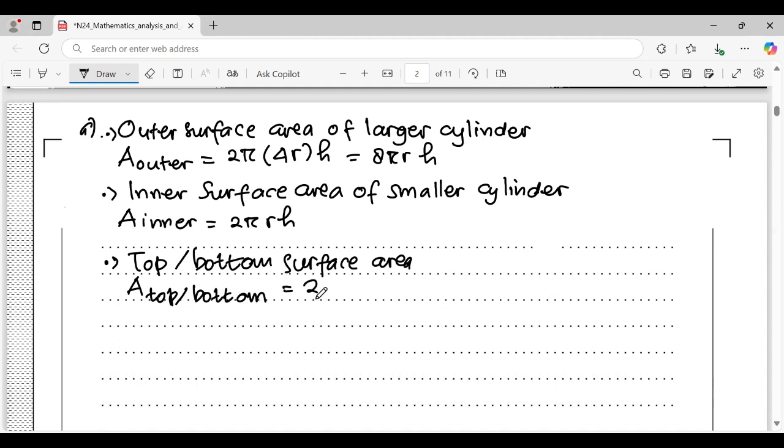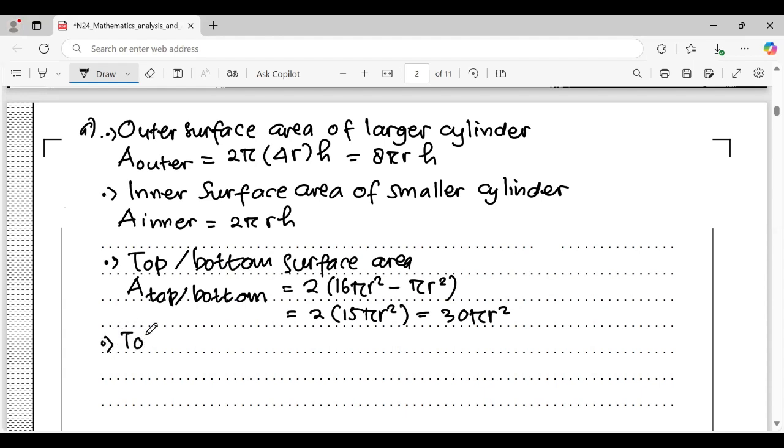Two, top and bottom, it means two because they are equal each other. 16 pi r squared minus 1 pi r squared. It is 2 times 15 pi r squared equals 30 pi r squared.